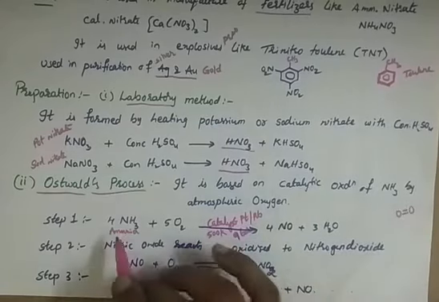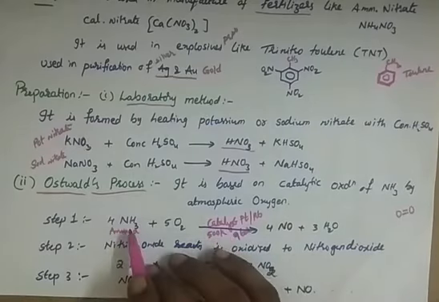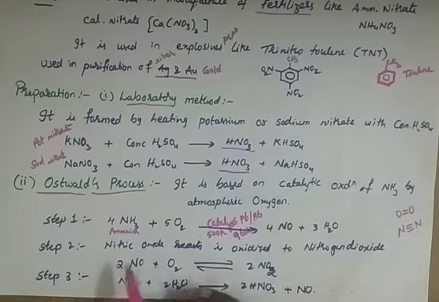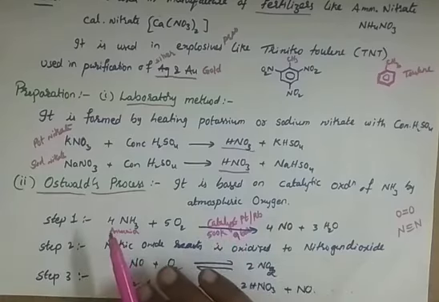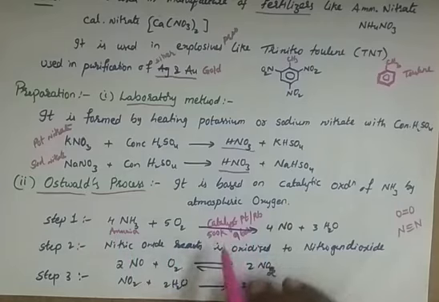We need to break it to react with ammonia, which is why it requires a catalyst. In Haber's process also, there was the N triple bond N. In order to break it, we required a catalyst and used high temperature and pressure. Here also catalyst, high pressure and high temperature are required. But compared with Haber's process for ammonia, the pressure and temperature here are lower.